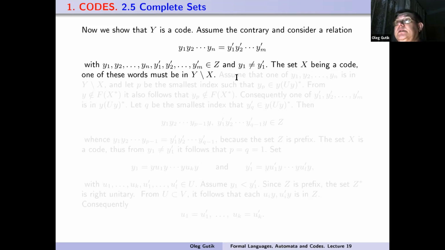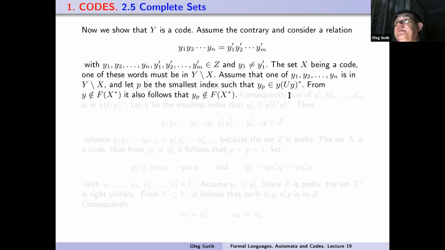The set X being a code, one of these words must lie in the set Y without X. Assume that one of y1, y2, and so on, yn is in the set Y without X, and let p be the smallest index so that yp belongs to the set Y multiplied by U Y star from this relation.